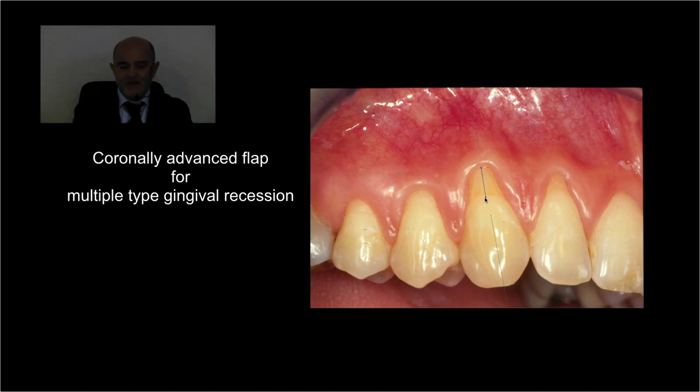So my suggestion, and this is what you have to do, is to measure the depth of the gingival recession, not 1 millimeter more, but only the gingival recession, and then the same distance you have to measure not straight but along the distal and the mesial papilla of the canine.